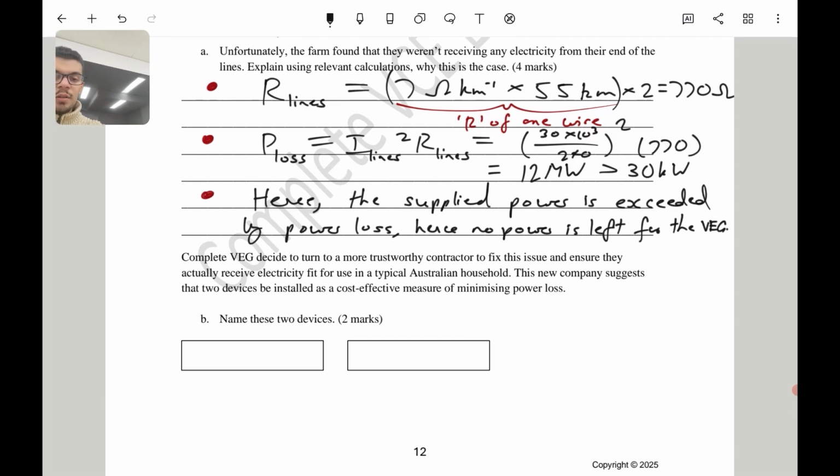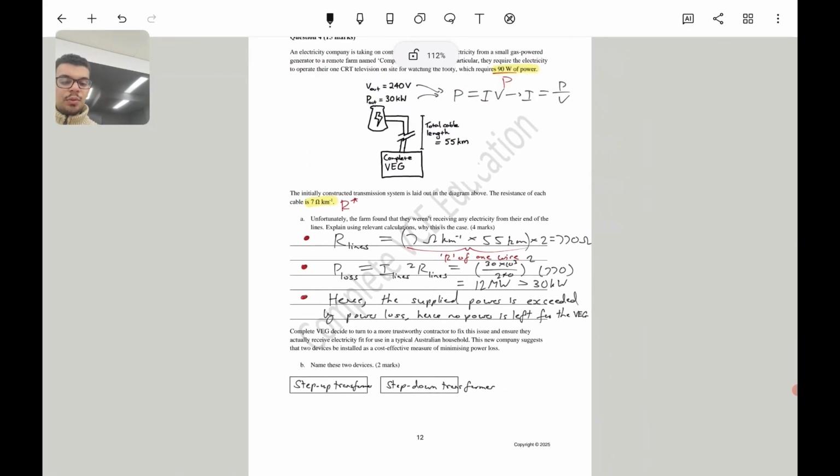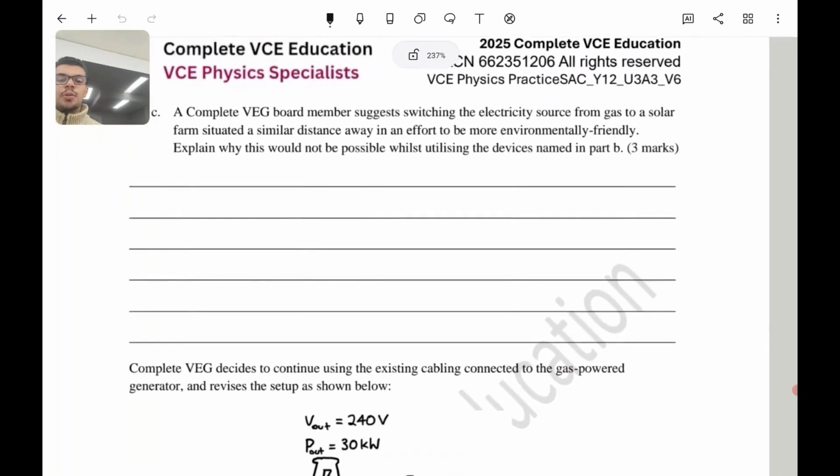Okay, so the two devices that we have are the step-up transformer and the step-down transformer. These are the two devices. Okay, perfect. We can use both devices to minimize the power loss and therefore also make it cost effective as well.